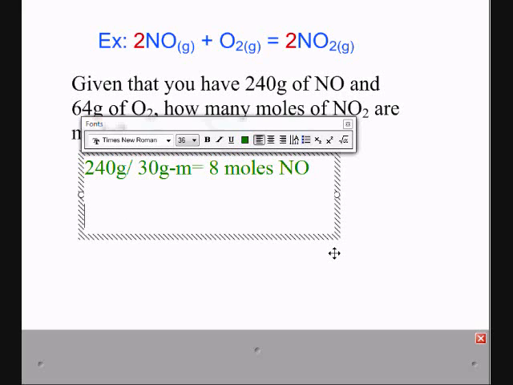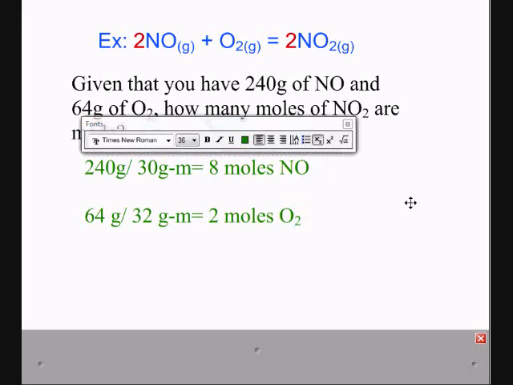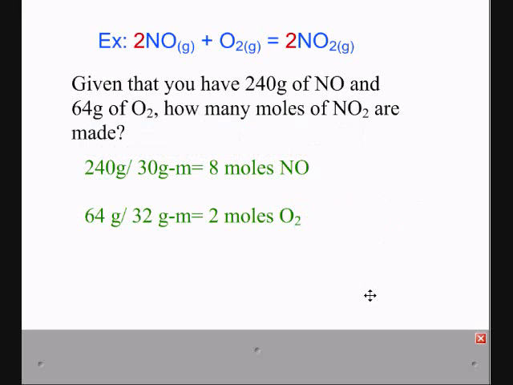How about the oxygen? We're saying that we have 64 grams of it, and the molar mass of oxygen, O2, is 32 grams per mole. Very good. 64 divided by 32 is 2. You can see I did numbers to make things a lot easier, right? Okay, so basically what you've got here is 8 moles of nitrous oxide, and you've got 2 moles of oxygen.